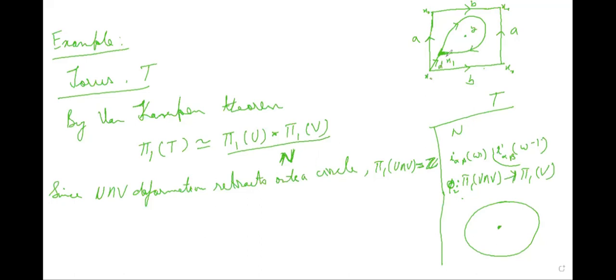Now, under this map phi, from pi 1 of U intersection V to pi 1 of U, what is pi 1 of U first? This deformation retracts onto a circle.